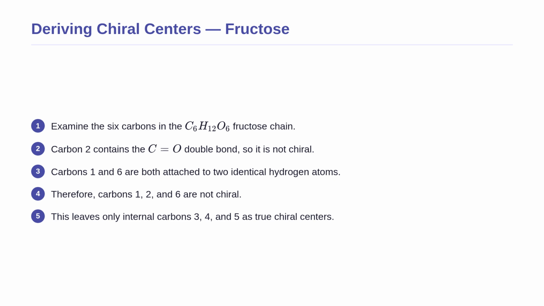Furthermore, both carbon 1 at the top and carbon 6 at the bottom are attached to two identical hydrogen atoms, eliminating them as well. By removing carbons 1, 2, and 6, we are left with only carbons 3, 4, and 5 bonded to four different groups. This proves why c equals 3 and shows the profound impact of the carbonyl group's position.